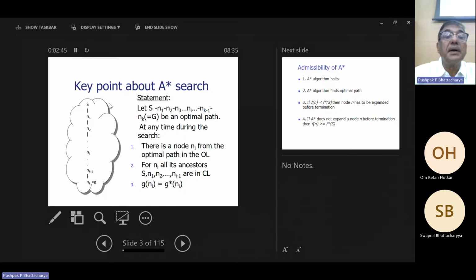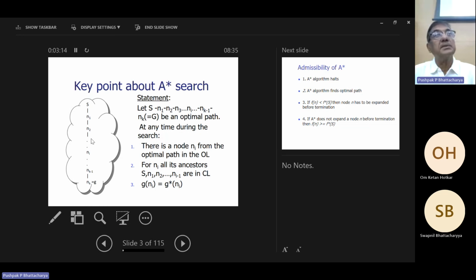The most important point about A star is two things. One is that if there is a path from S, the start node, to the goal node, then some node from the optimal path is always there on the open list, and the optimal path to that node has already been found.